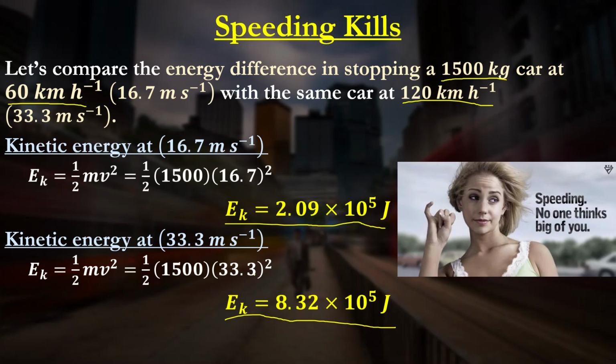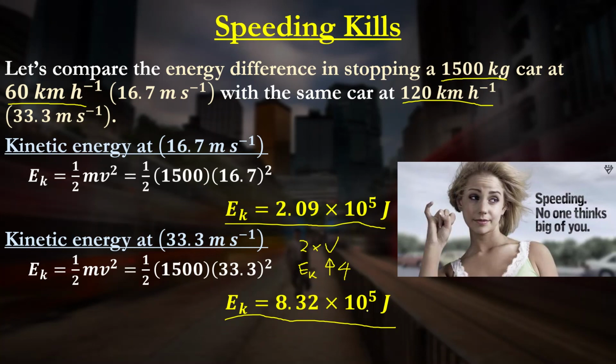So all we essentially did was increase the velocity by 2. If you increase velocity by 2, the work required, or the kinetic energy required to stop the car, actually increases 4 times, or 4 folds.